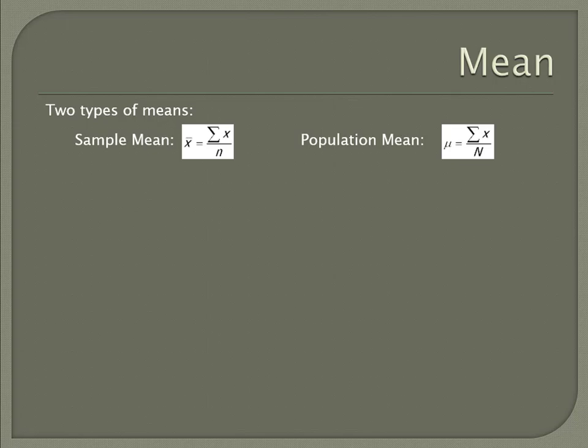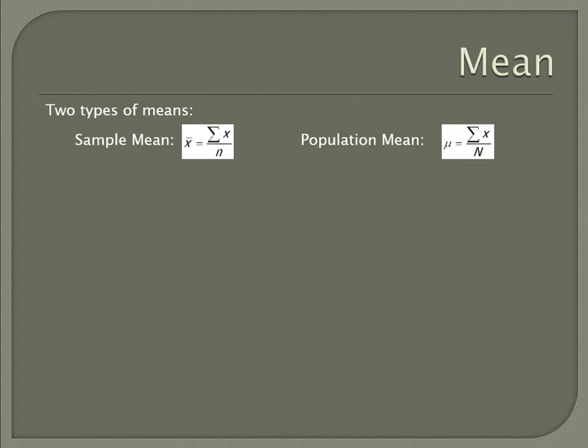So the sample mean is defined as the sum of all of our data items divided by the number of items. Similarly, for the population mean, the symbol there is the lowercase Greek letter mu, and the capital N just represents a population size instead of a sample size.